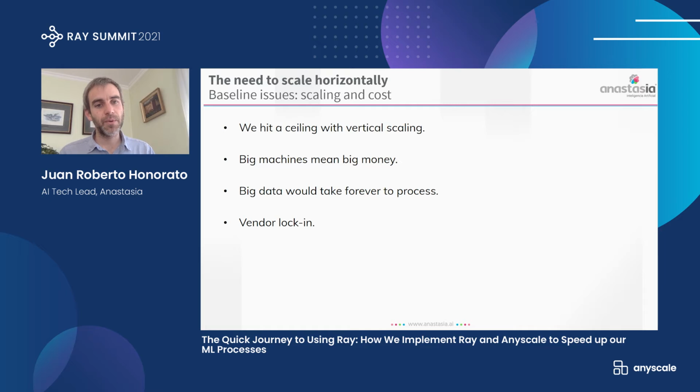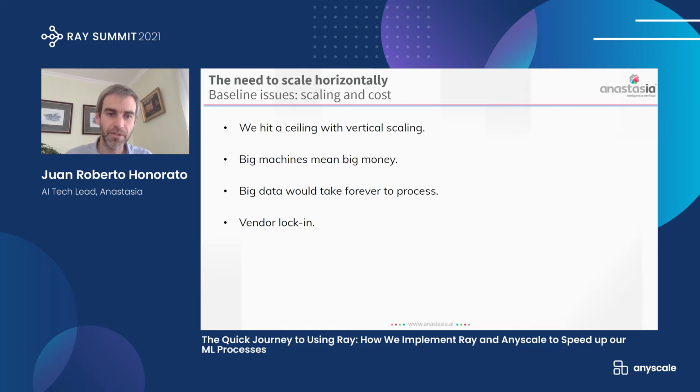Aside from that, we rapidly hit a ceiling. When we tried to scale vertically and used the bigger machines, which, on a side note, and not so much as a side note, were pretty expensive, the bigger jobs became too expensive for us. Also, with big data we were not able to scale accordingly, and jobs were taking too long to finish.